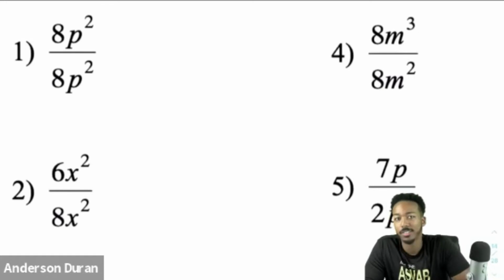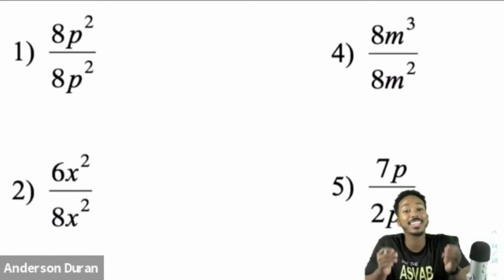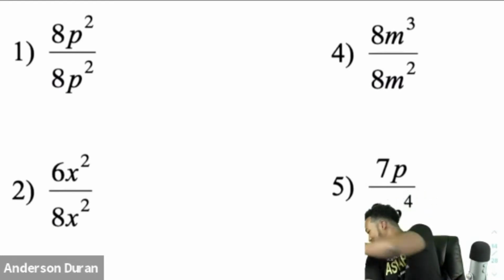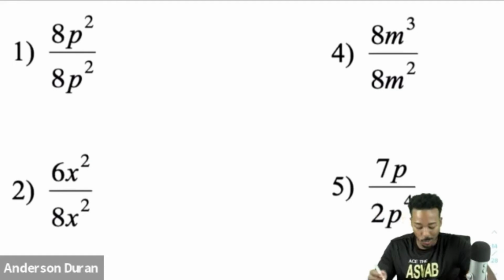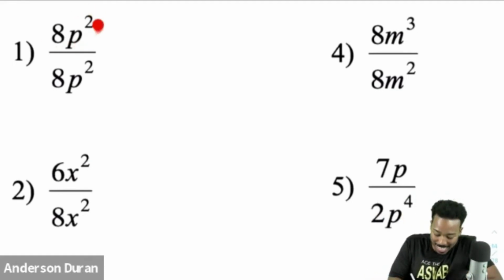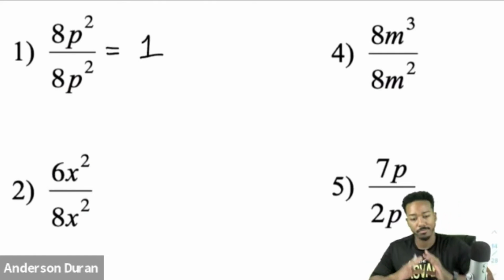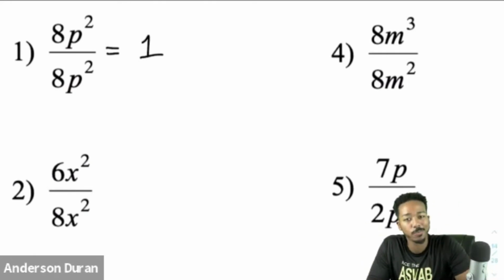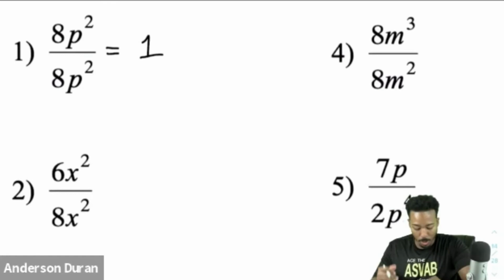Just 1. Anything divided by itself is 1. When you look at this, it's the exact same thing divided by itself. That's going to be 1. Full stop. No work needed.